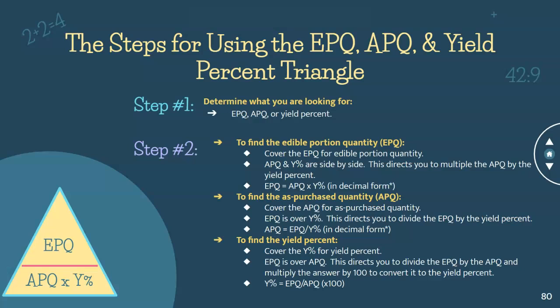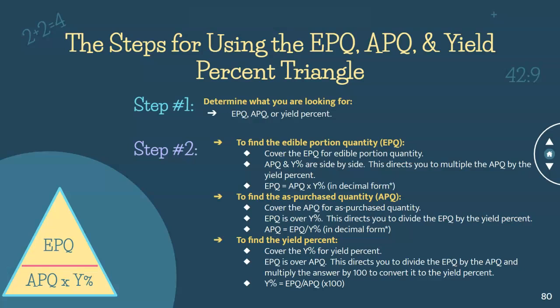This slide is going to break it down for you. To find the edible portion quantity, you're going to use these steps, and you're essentially covering up what you're looking for. That becomes X. Then to find the as purchased quantity, you'll follow these steps, again covering up whatever you're looking for, which becomes X. And the same thing to find the yield percent.